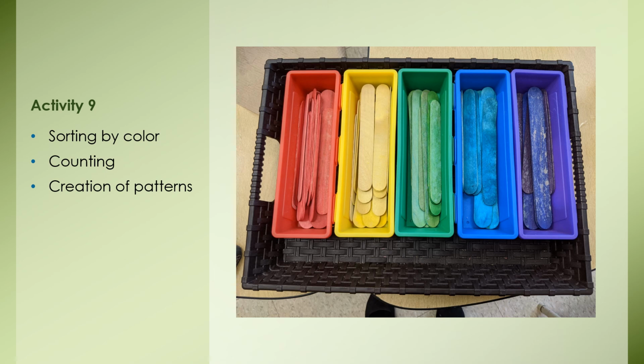It's fun for them, and after they play, they put everything back in the right container, the right color. They can also create their own patterns. For example, organize the stickers by color, or one red, two yellows, two greens. Some kids do that by themselves, or I can guide them to do that as well.